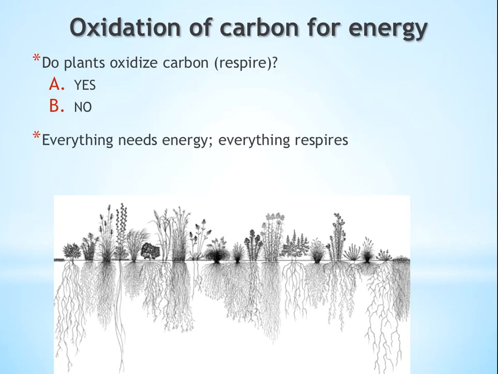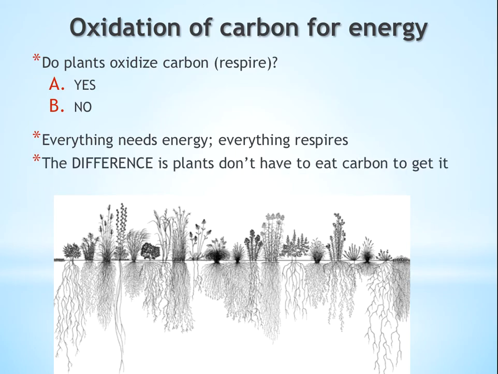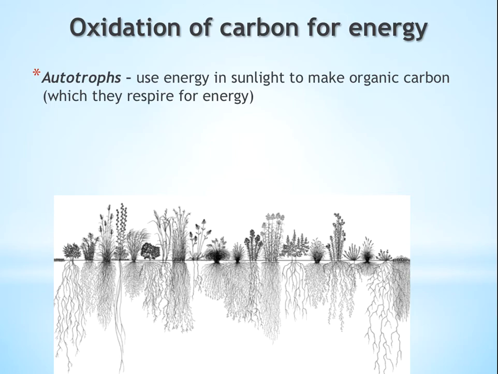And the answer is that everything needs energy, so everything respires, even plants. The difference is that plants don't eat their carbon to get it. They make it themselves. So they're autotrophs. They use energy and sunlight to make organic carbon, which they then respire for energy. They can also use it to make biomass, but they also respire some of it to get energy.